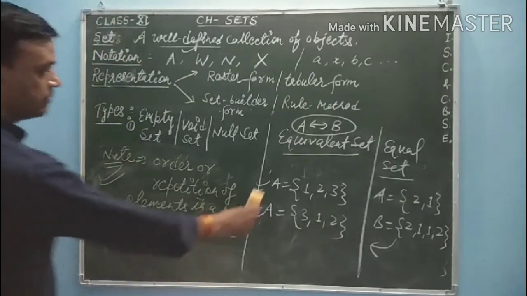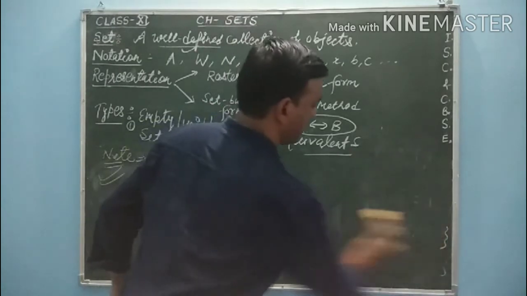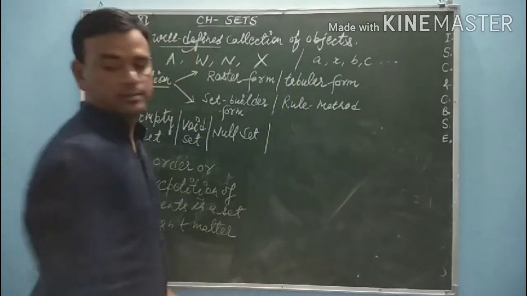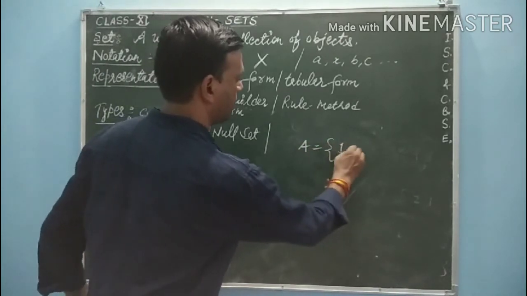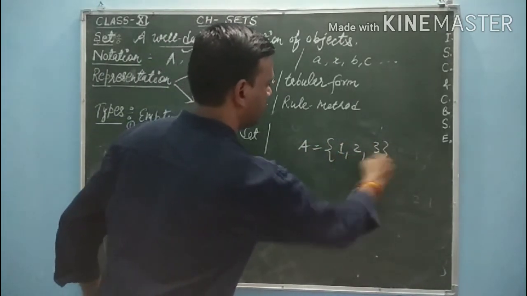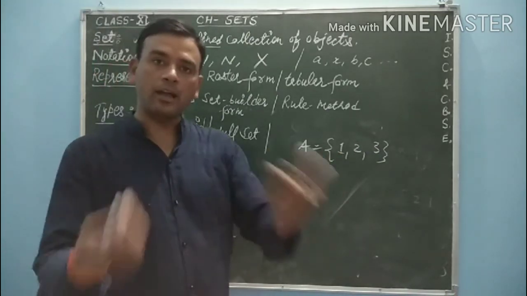One more thing is how you will represent or denote the elements of a given set. Suppose A = {1, 2, 3}. Suppose I am writing that 1 is an element of A. Mathematically, how can we write this?